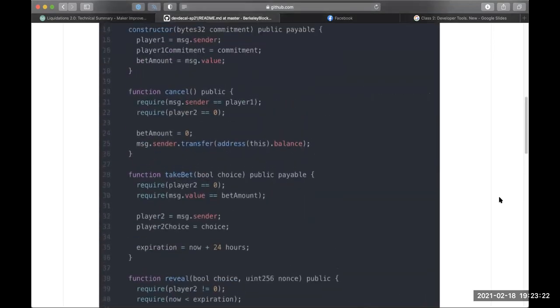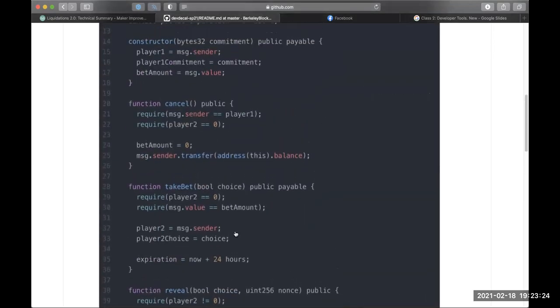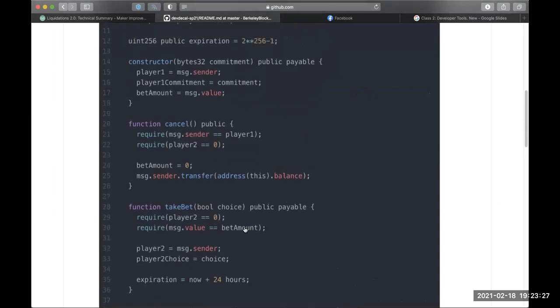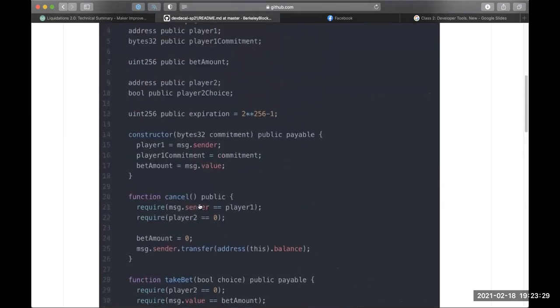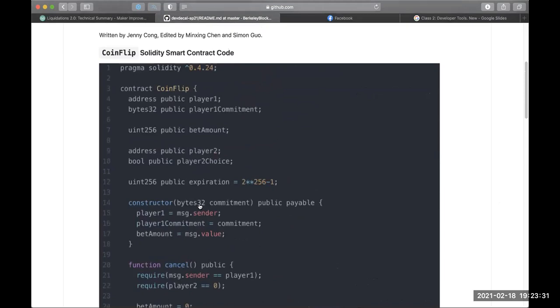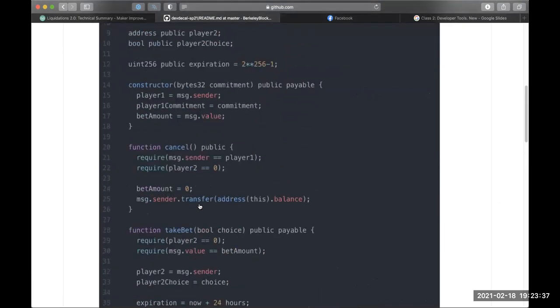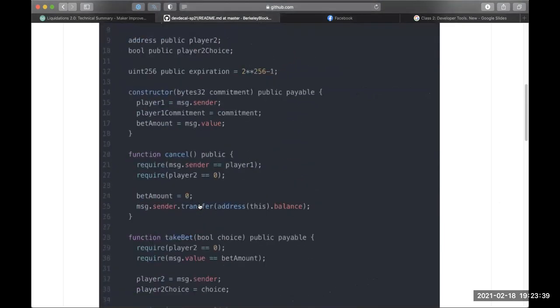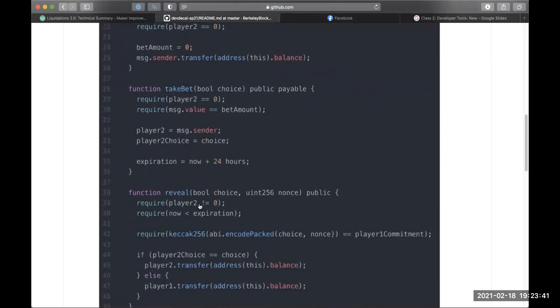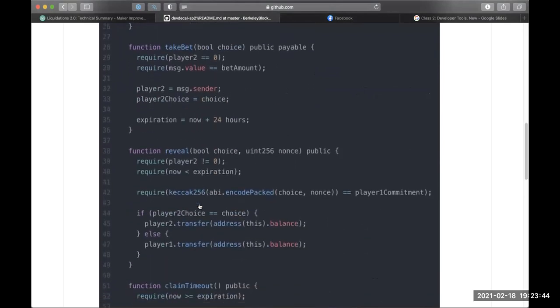Because it looks like in take bet, you're taking a bet amount, and when the message sends a value of 1 each time, the balance becomes 2, and in that case you just transfer the money away.